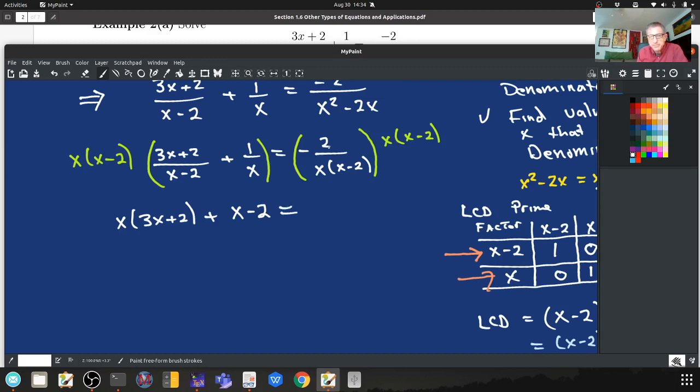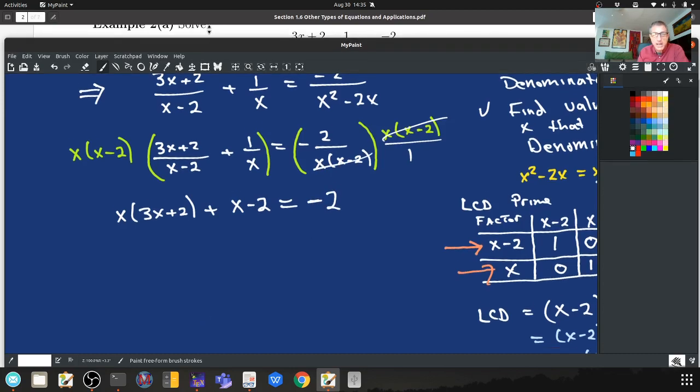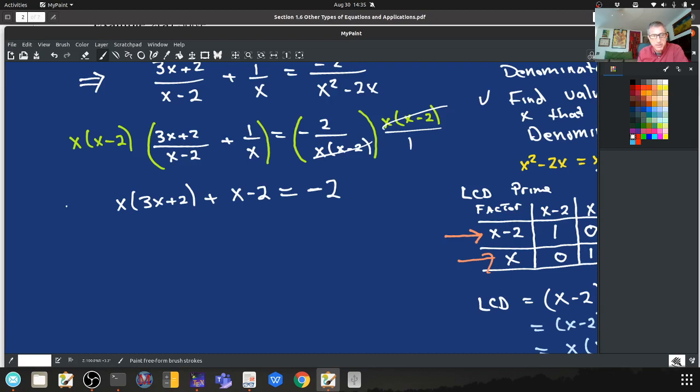Over here, notice that the x times x minus 2 up here is the same as the denominator here. You could write it that way if you wanted to. So that whole thing just cancels out. So I have minus 2. Well, that's kind of nice. Now it's just an algebraic sprint to the end. So notice immediately that I have a minus 2 on both sides. So those are going to cancel.